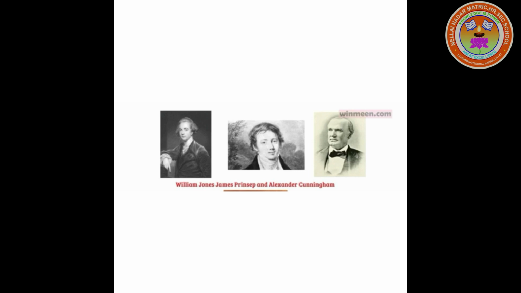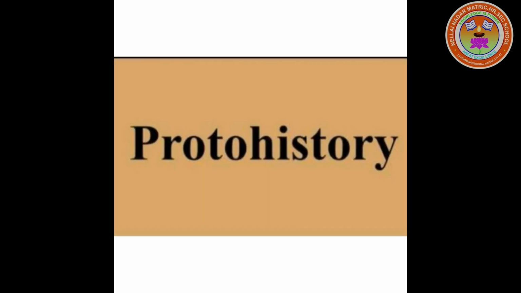Based on these accounts, Charles Allen wrote a book called The Search for India's Lost Emperor, which provided a comprehensive account of Ashoka. Many researches made thereafter brought Ashoka's glorious rule to light. Children, what is the name of the book written by Charles Allen? The Search for India's Lost Emperor.